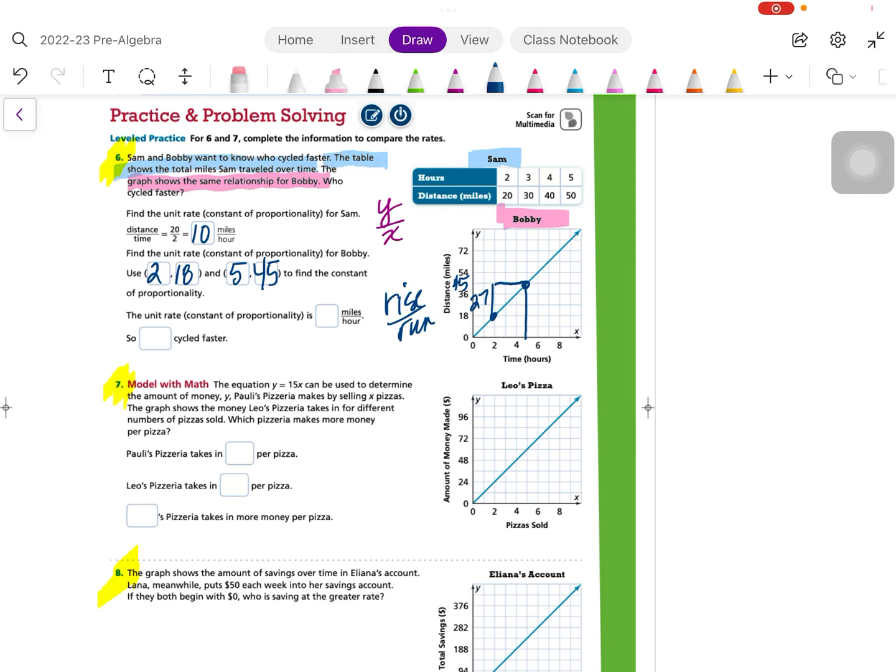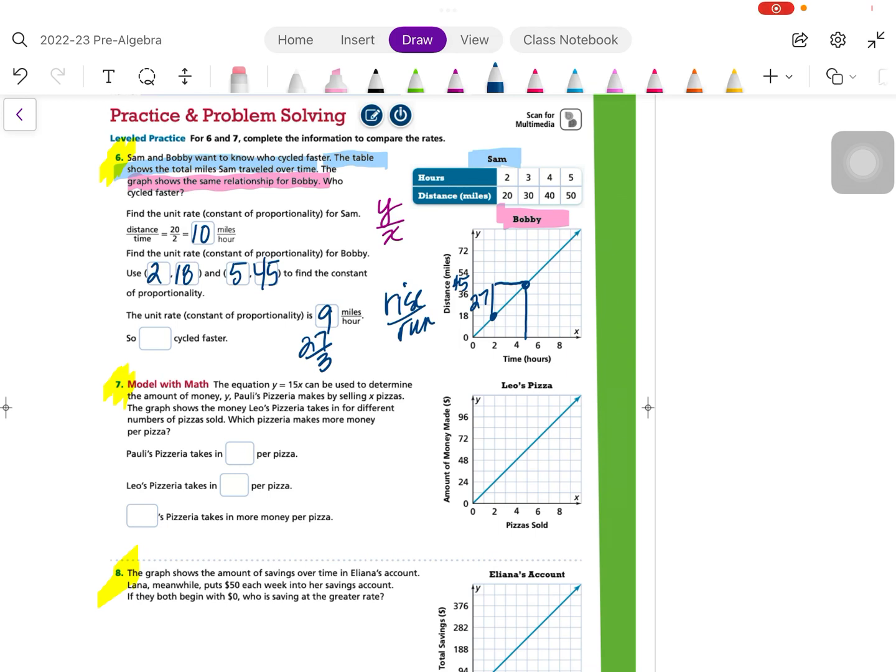And then from 2 to 5 is 3. So it's 27 miles in 3 hours. So the answer is, oops, I was supposed to give my actual unit right there. So our rise over our run is 27 divided by 3, or 9 miles per hour.